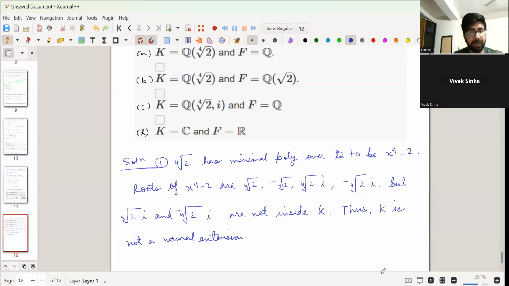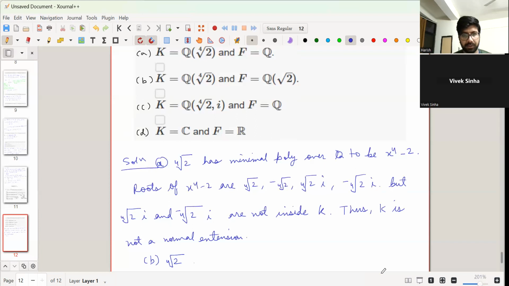Okay, so that was the A part. The B part is, now you need to consider this over Q(root 2). Now the minimal polynomial will change because your field has been enlarged.